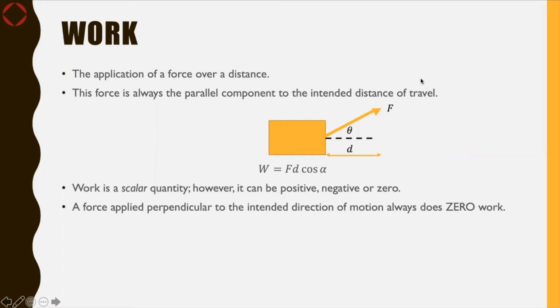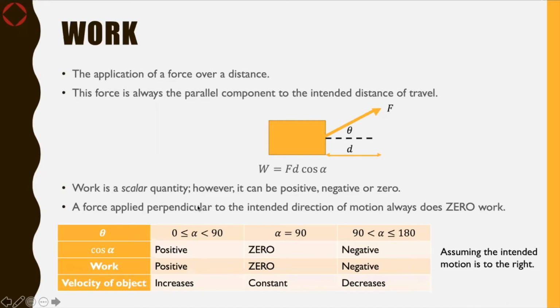Okay, as I just said, a force applied perpendicular to the intended motion always does zero work, because it's simply impossible for you to make the motion. Now, assuming that the intended motion is to the right, we can have these values. The angle between 0 and 90, which is to the right, we will have positive work making the velocity increase.